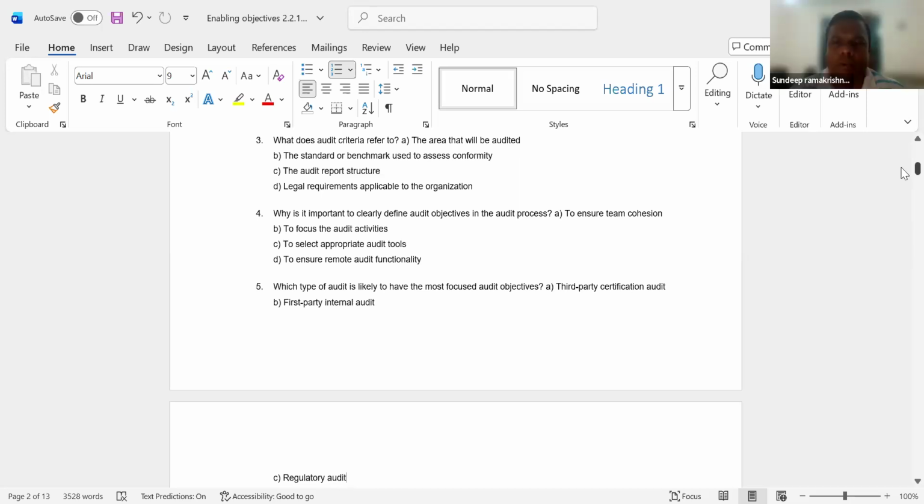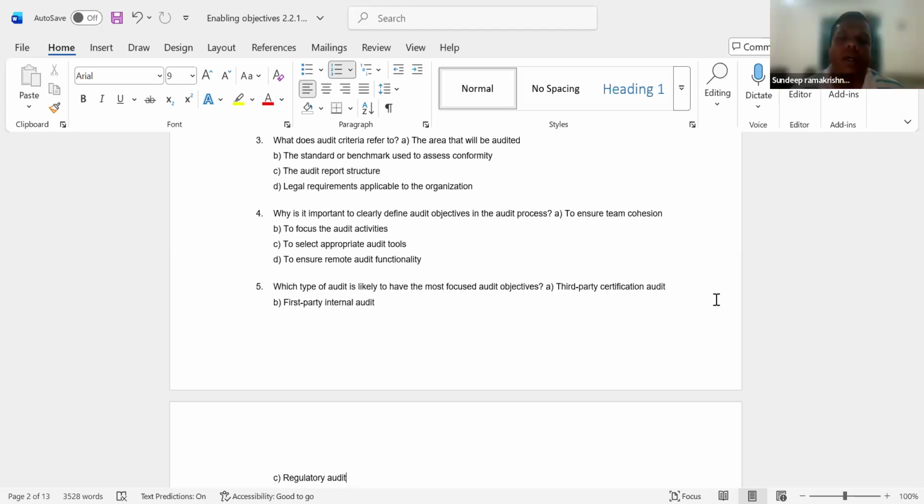See, to ensure team cohesion is not a requirement of an audit objective. And to ensure remote audit functionality, you are going to do an audit, so remote audit does not apply here. So that leaves these two answers: to focus the audit activities or to select the appropriate audit tools. Both are sort of equally correct. I'm confused between B and C, sir.